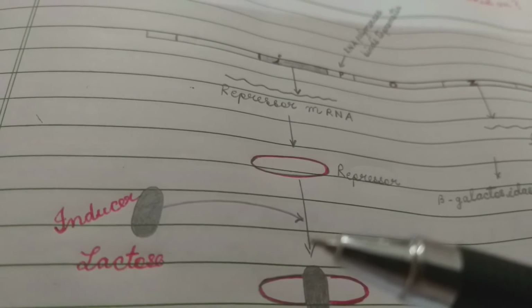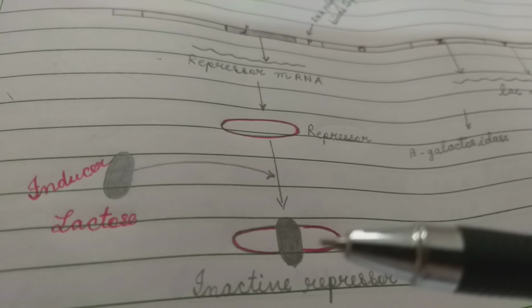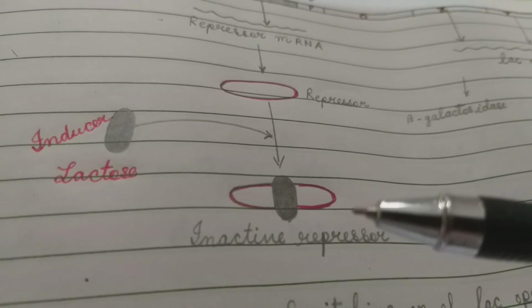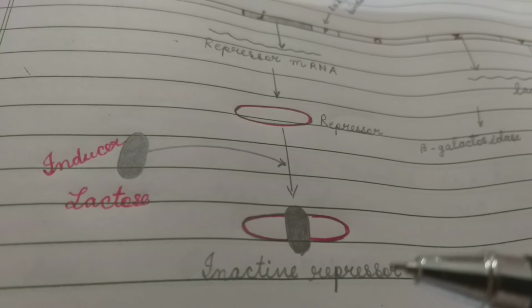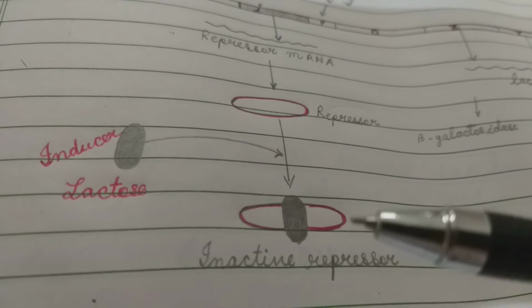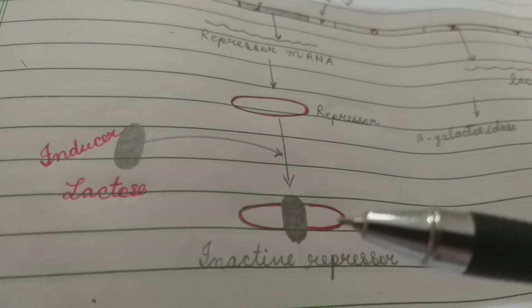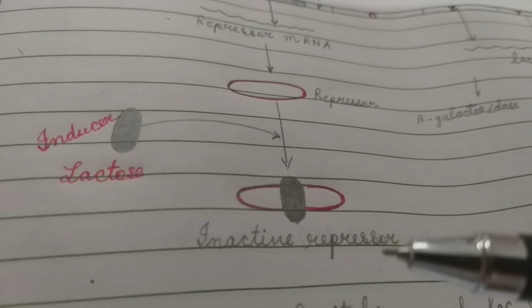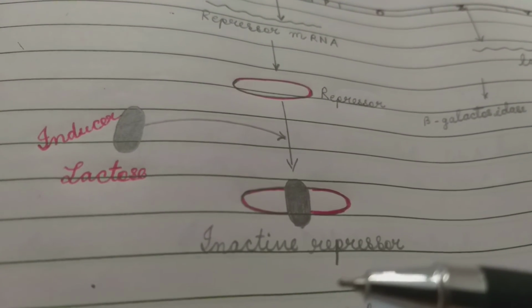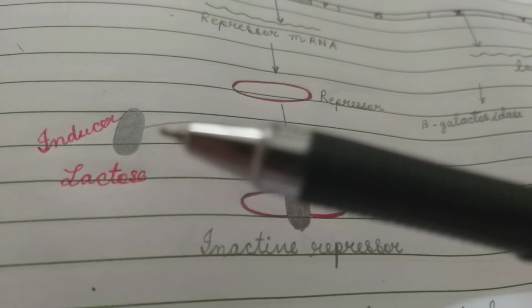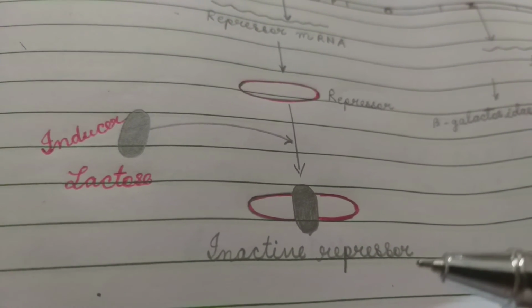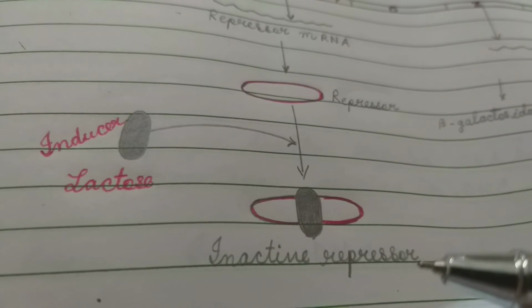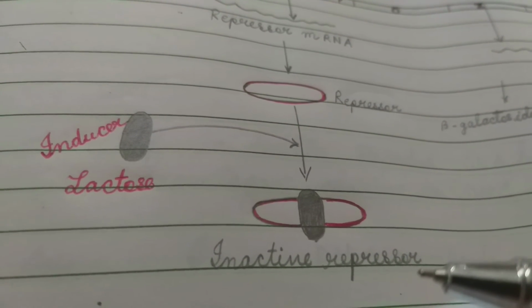Now this lactose molecule binds to the repressor and forms inducer repressor complex. The structure of the repressor changes and the repressor becomes inactive. The lactose, when present, binds to repressor, makes it inactive and changes its structure.